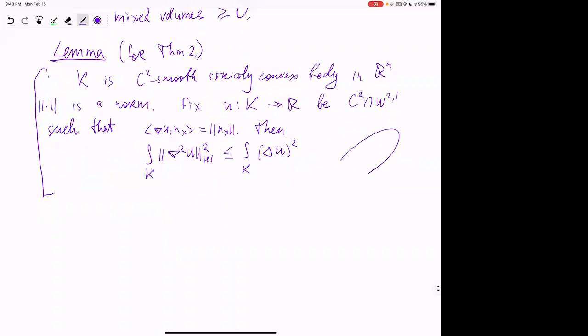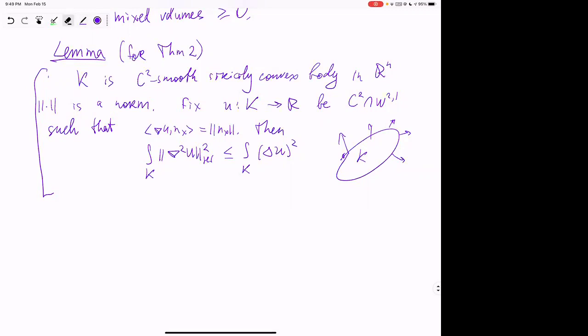Hence, if we have a convex set K, at every point we stick a normal and take the normal derivative of that function. Then it obeys this strange estimate. In principle, not every function obeys such an estimate, right? The Laplacian is a trace, the Hessian squared is the sum of squares of eigenvalues. It could be that the trace of a matrix is 0, but then this is non-negative.